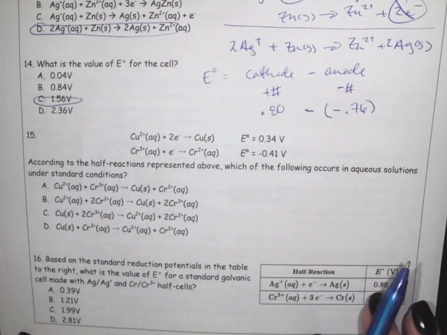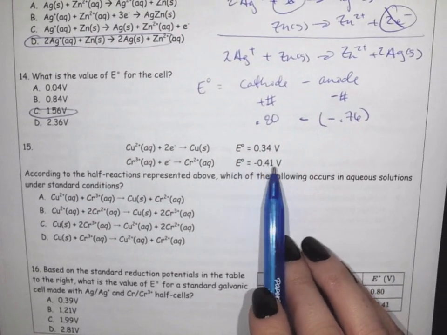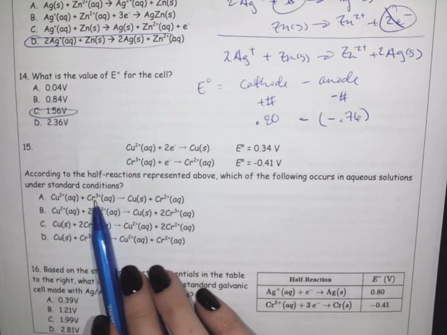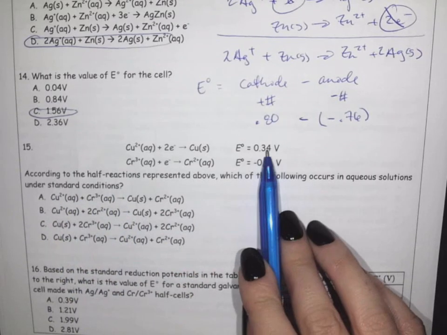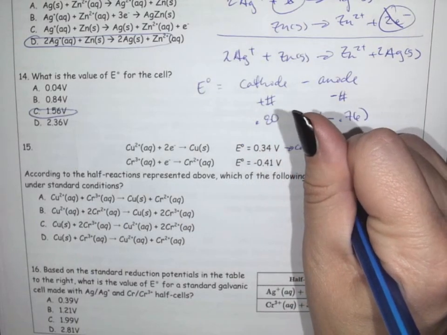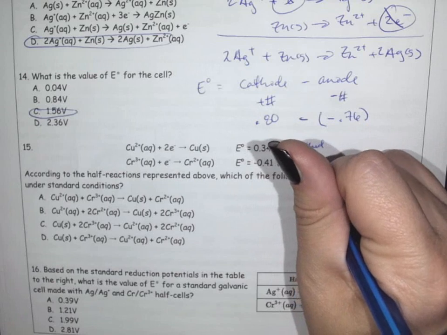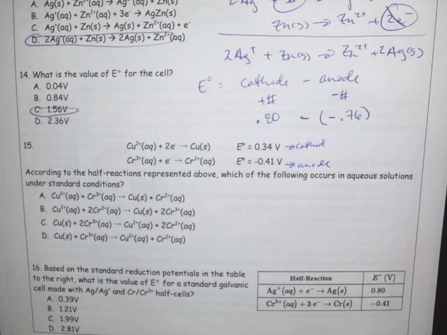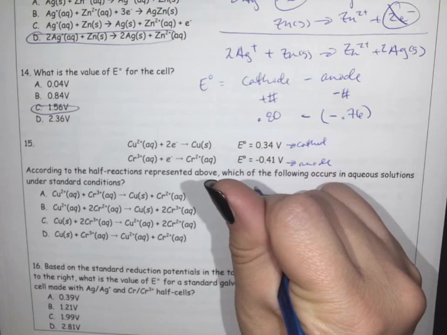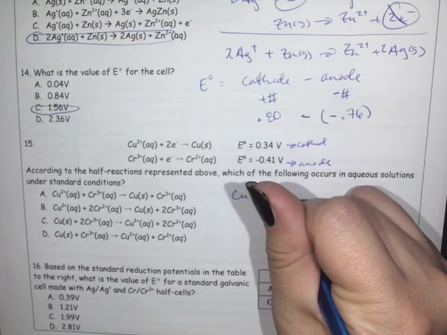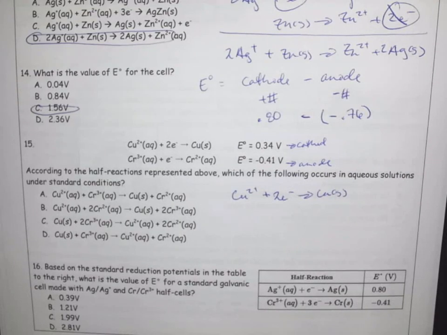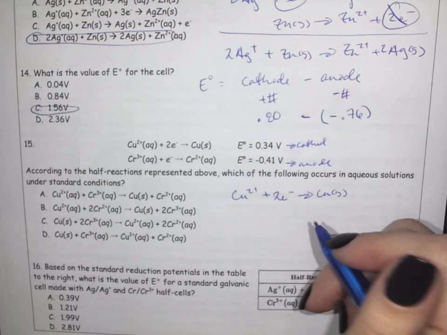So something similar here. Okay, so see how this is the most positive? So this is going to be our cathode. And this is the most negative, so it's going to be our anode. So if we take the cathode and it's reducing, we leave it just the way that it is, it's gaining electrons, which is reducing. And then we flip the anode because that needs to oxidize.